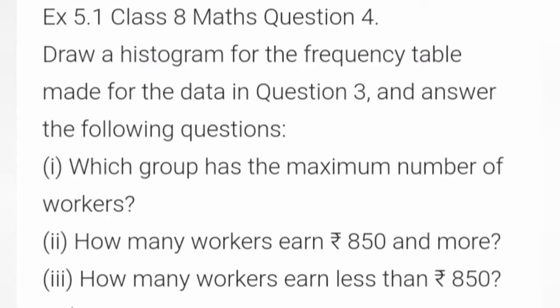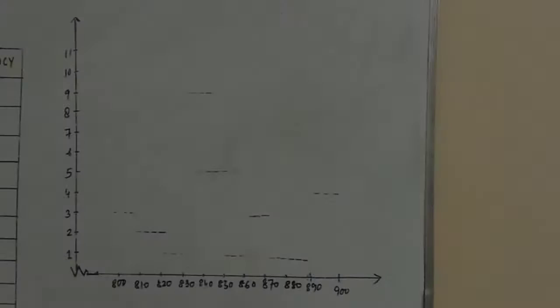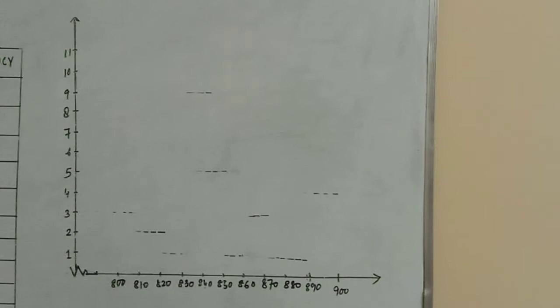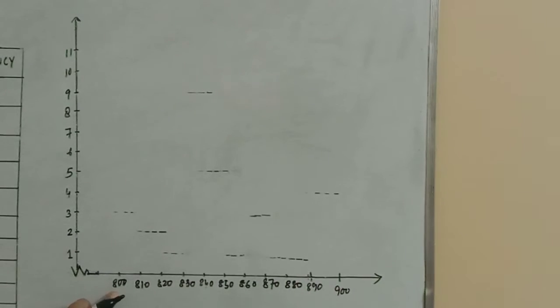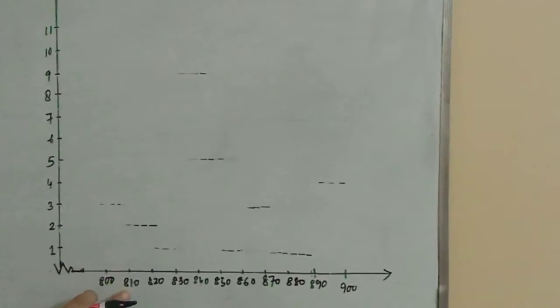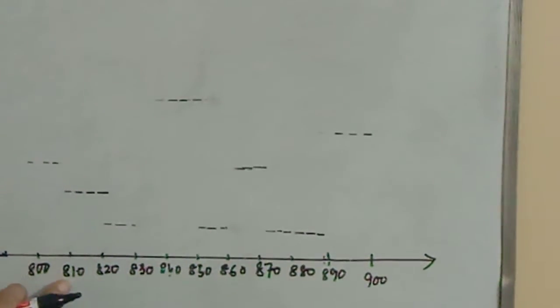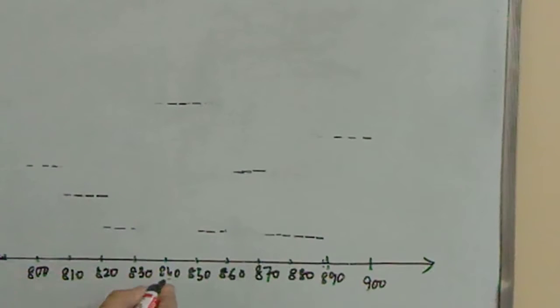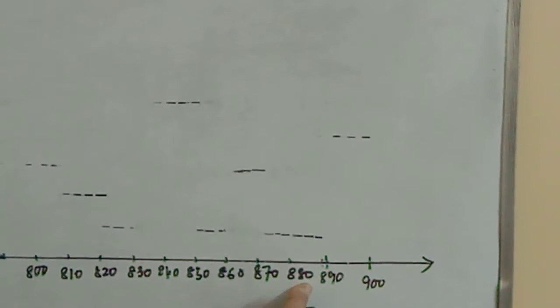After making the histogram, we will solve the questions in our class. Now, in the frequency distribution table, I have marked the class intervals: 800 to 810, 810 to 820, 820 to 830, 830 to 840, 840 to 850, 850 to 860, 860 to 870, 870 to 880, 880 to 890, 890 to 900.